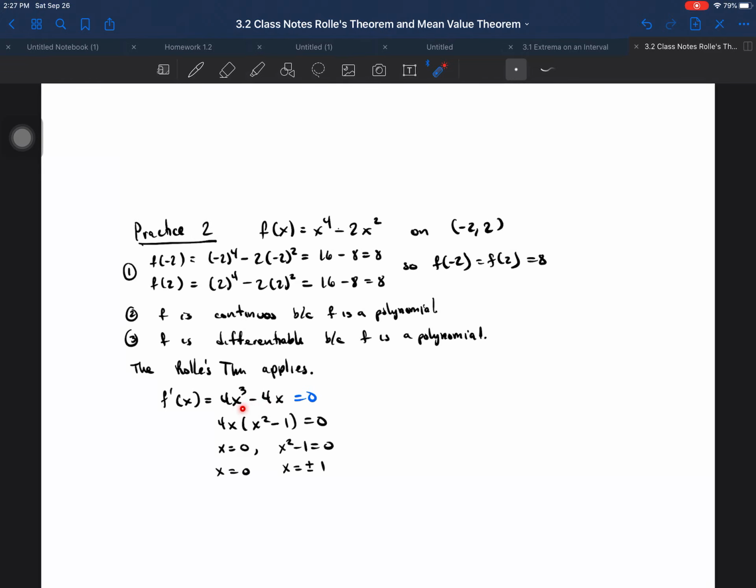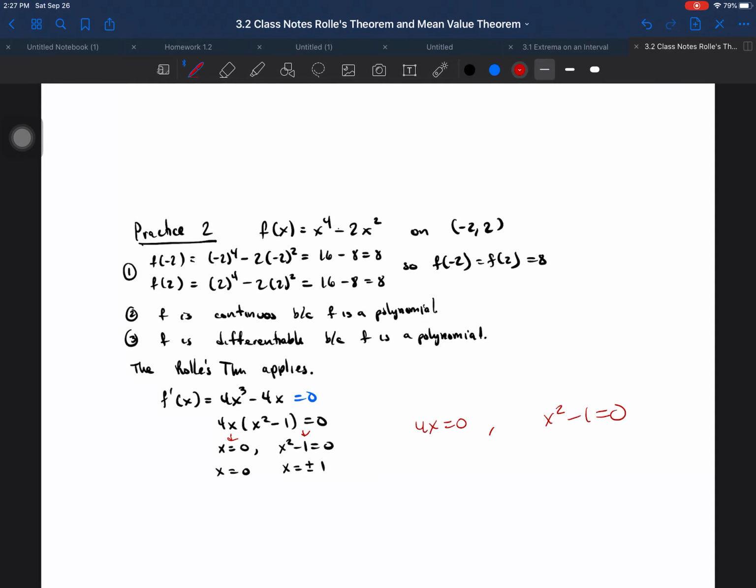So factor 4x from both terms, and that gives us x squared minus 1. By the zero factor property, 4x equals 0 and x squared minus 1 equals 0.